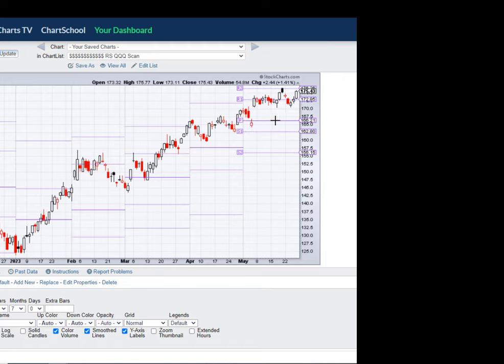Once again, these are monthly pivots that are based on the prior month's activity, and have already reached the R2, which is at 176.26. So it's my view, in any market you're trading or interested in trading, you should be aware of what the pivot levels are to help determine the risk level on your entry, whether it's on the long or the short side.